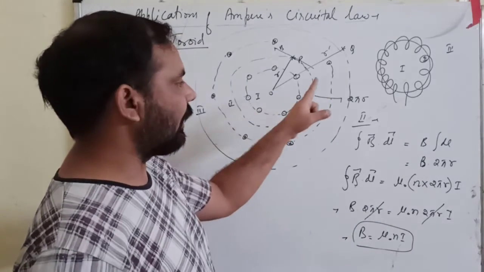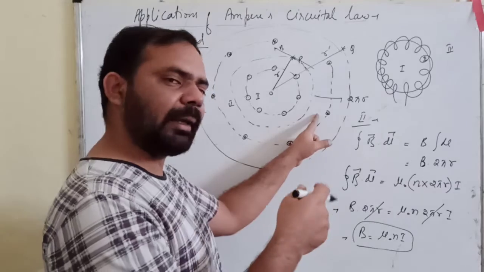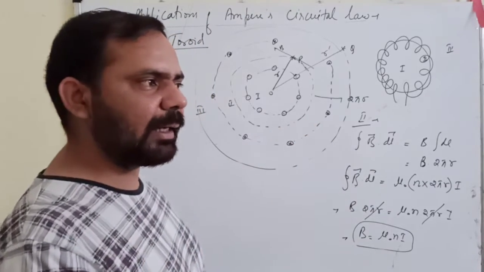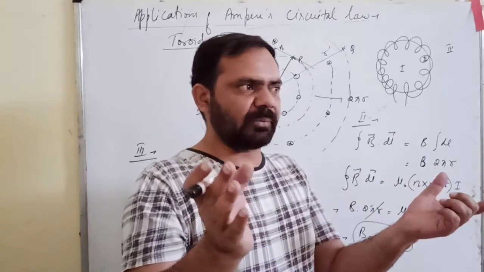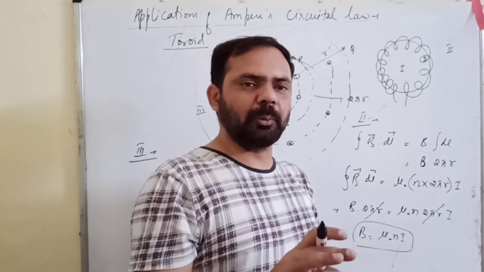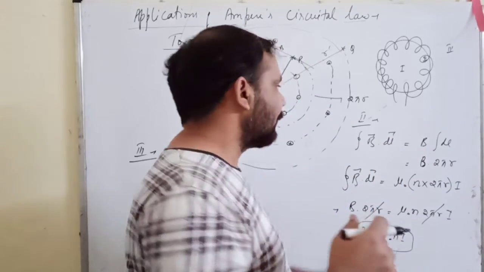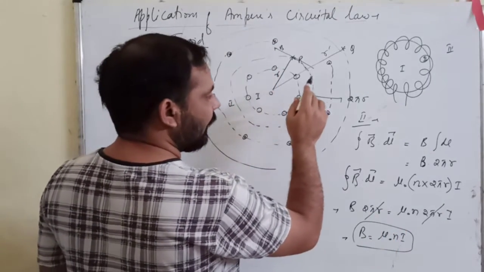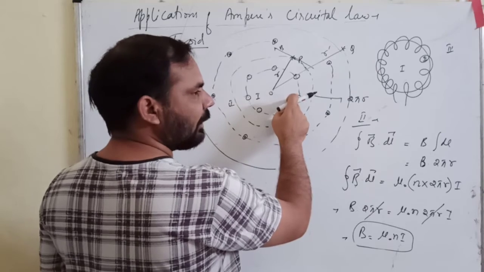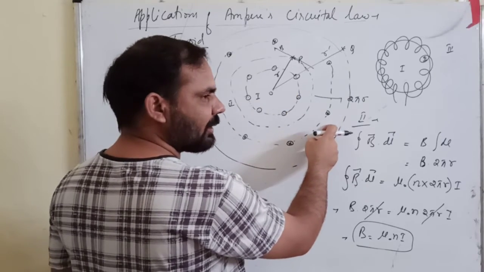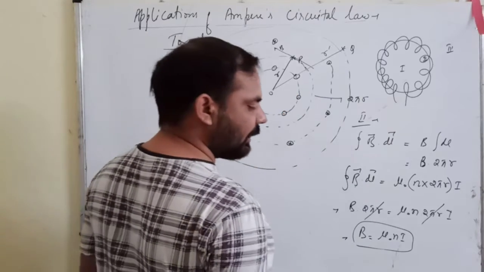Whatever current is coming out, the same amount of current is going in also. So you will say that the net current crossing the loop is 0. The current coming out here, the same amount of current is leaving the loop. So if this is my plus I, then this should be minus I. So what is the sum? It should be 0.